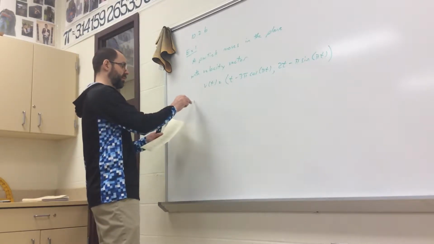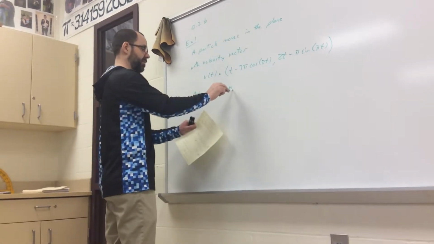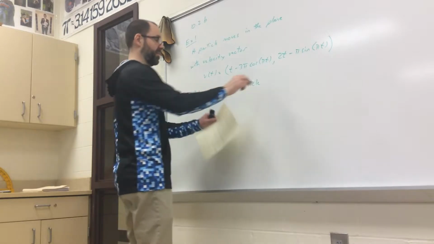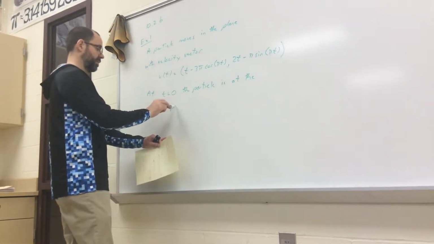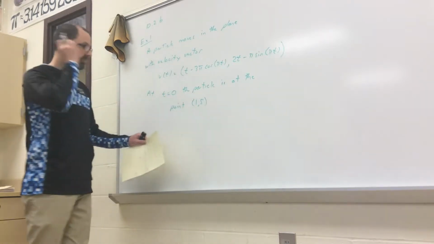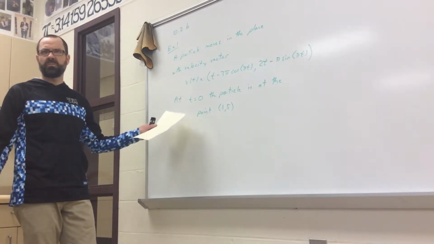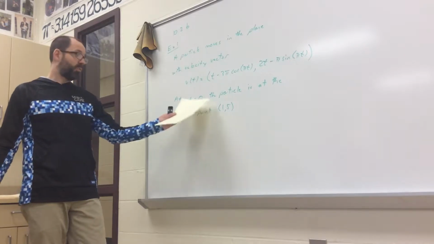Okay, then additional information is that at t equals 0, the particle is at the point (1, 5). So we're just being told one location of the particle at one time.